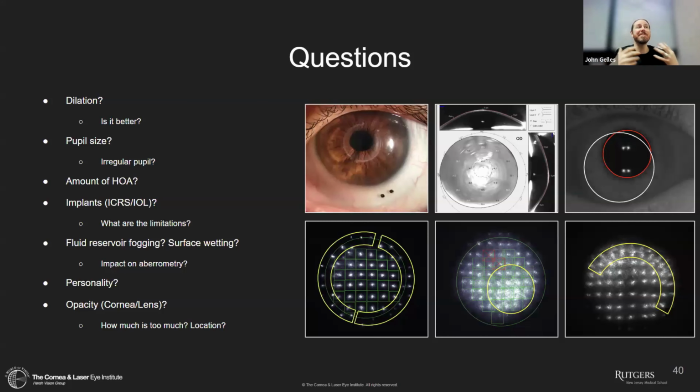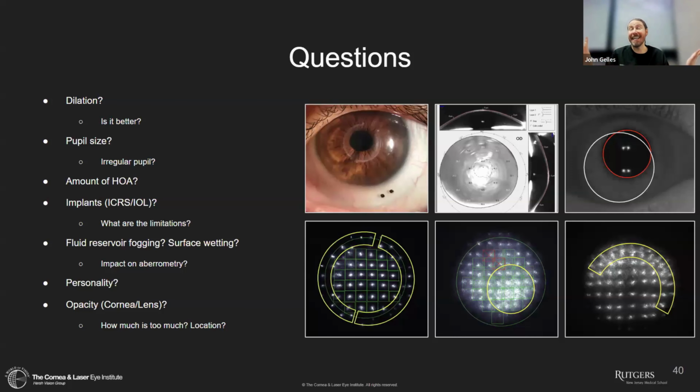The other question is, what happens with implants like intracorneal ring segments, or CTAC or CARES or IOLs? What are the limitations here? In our data with CTAC, we see the same level of gains that we see with the other conditions, right?